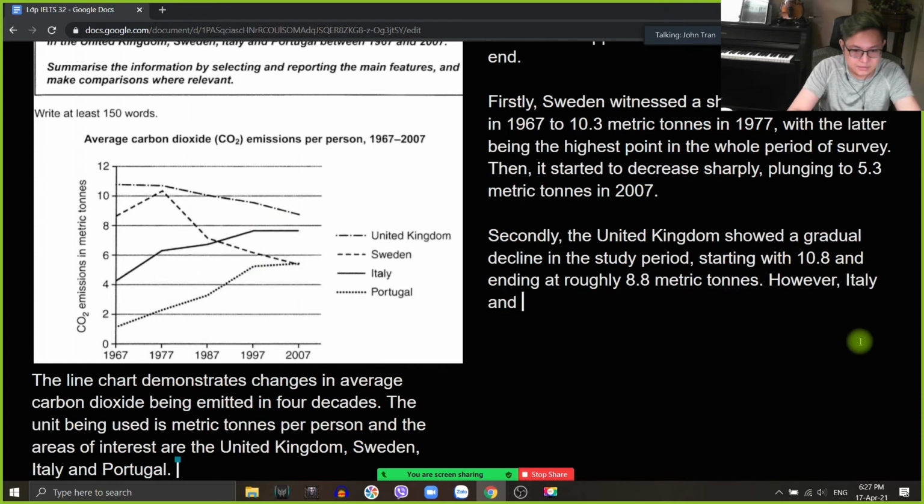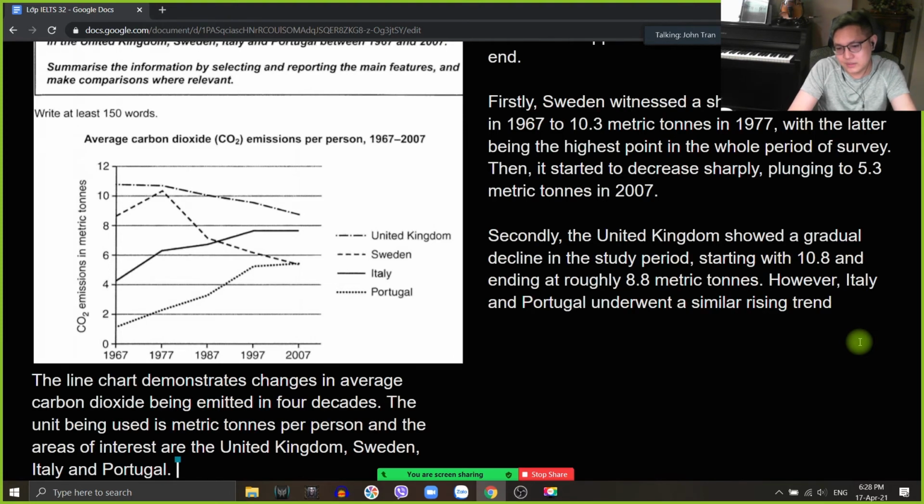However, Italy and Portugal underwent, undergo, underwent, undergone. So I use a past tense, underwent. Italy and Portugal underwent a similar rising trend.